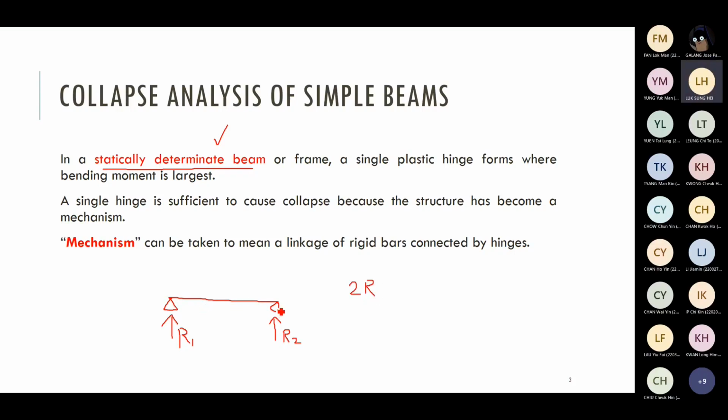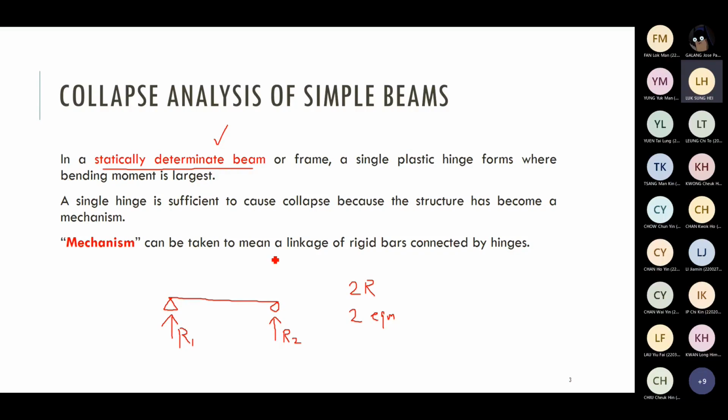You have two: moment equilibrium and vertical force equilibrium. The equations equal the number of unknowns. So this problem is solvable. This is the so-called determinate structure from the math point of view.